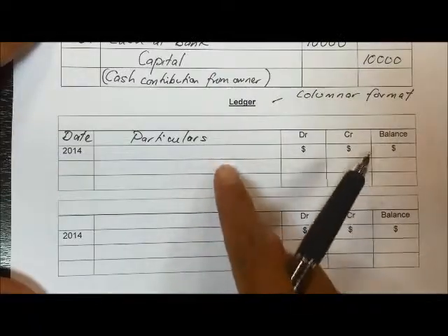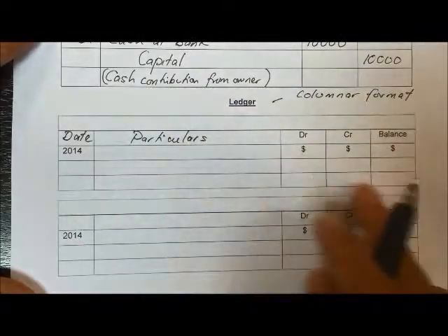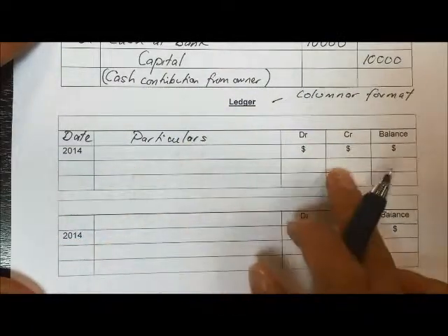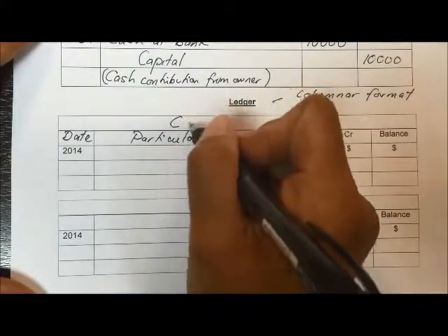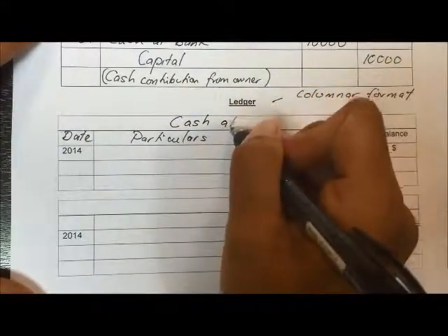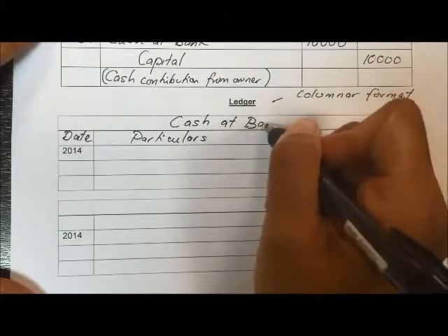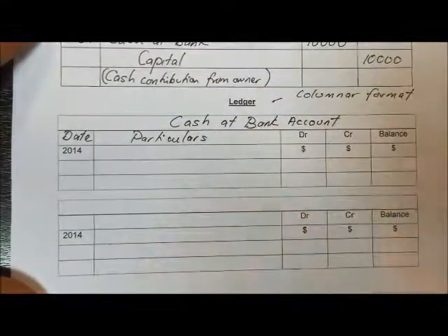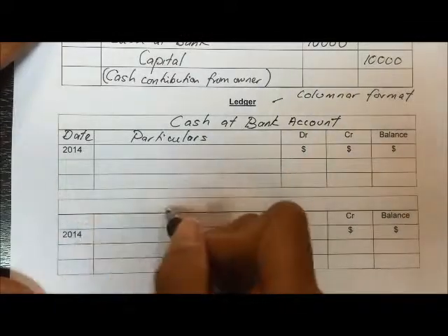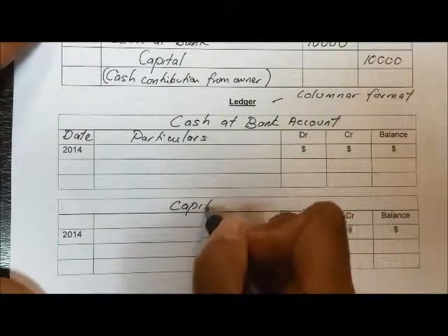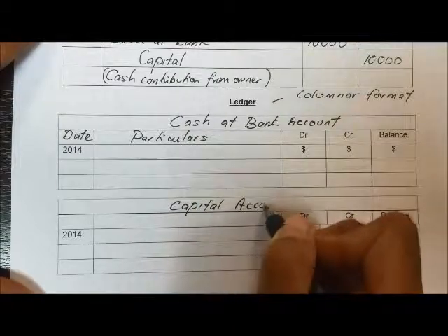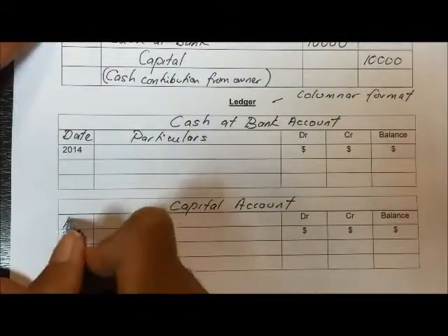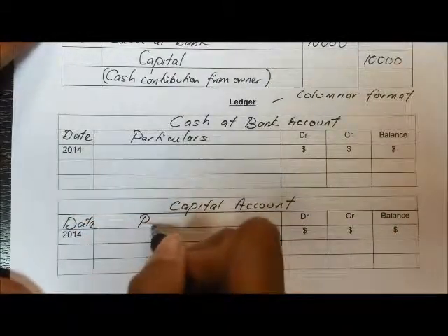You see two tables here that look like tables, but they are actually accounts. The first account we write down is the cash at bank account, and the other one will be the capital account. So we have date, particulars.